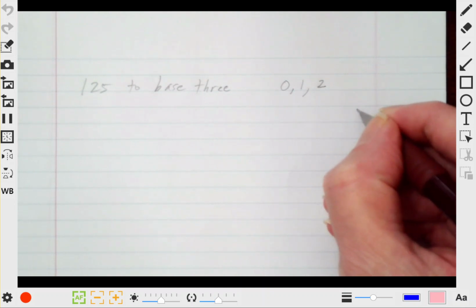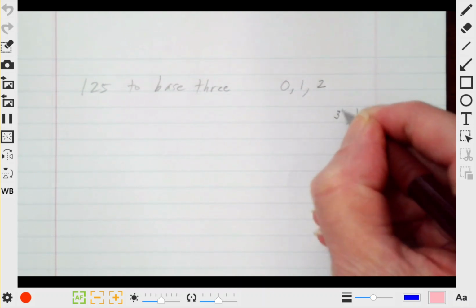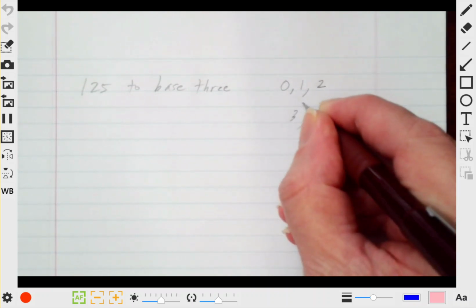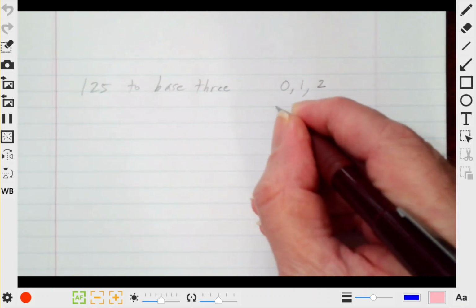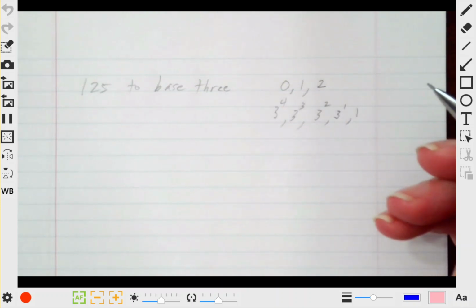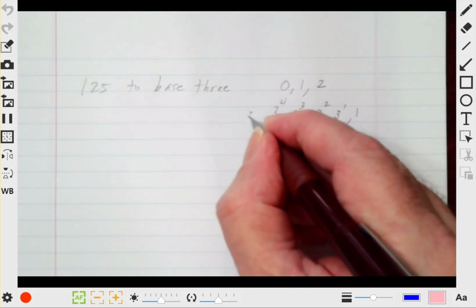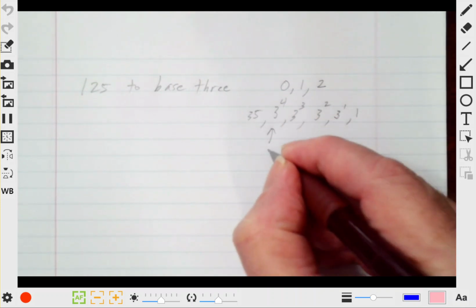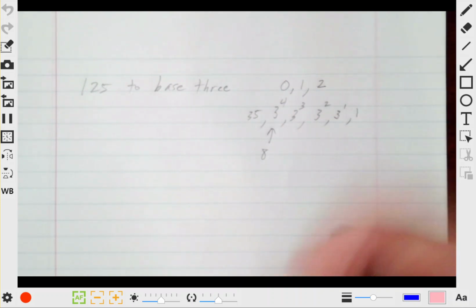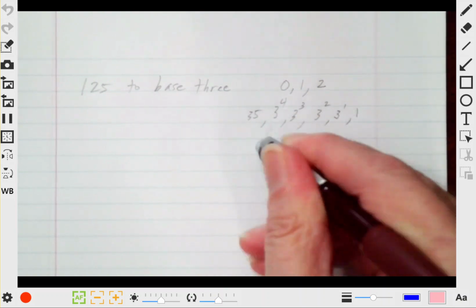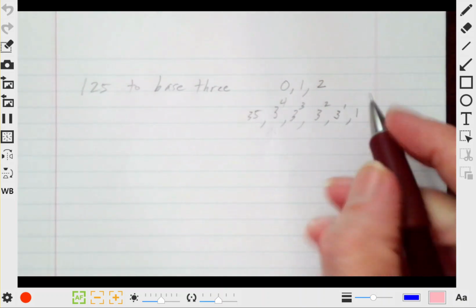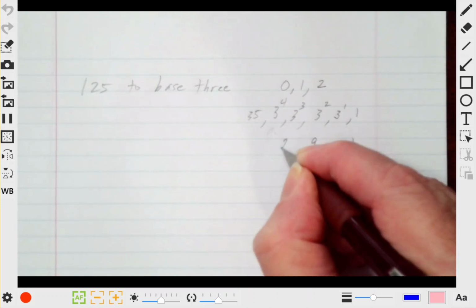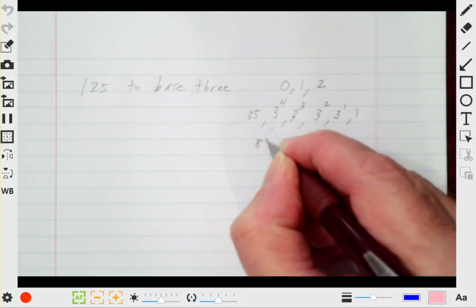And then your place values are the ones place, the 3 to the first power's place, 3 squared's place, 3 cubed's place, 3 to the fourth place, and so on. Now I could go farther, but it looks like 3 to the fourth is 81. In fact, let me go ahead and rewrite these. I think of it as the ones place, the threes place, the nines place, the 27s place, and the 81s place.